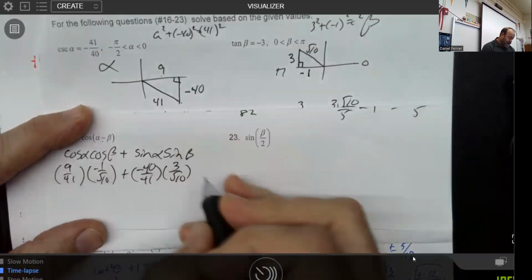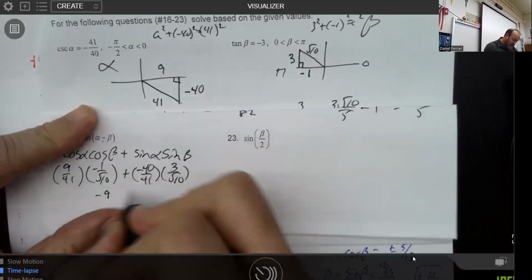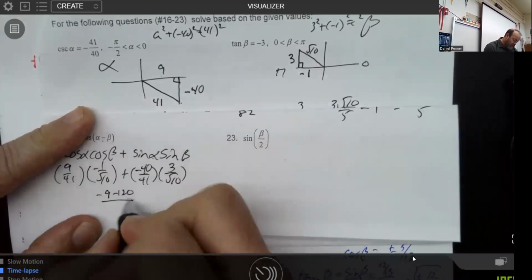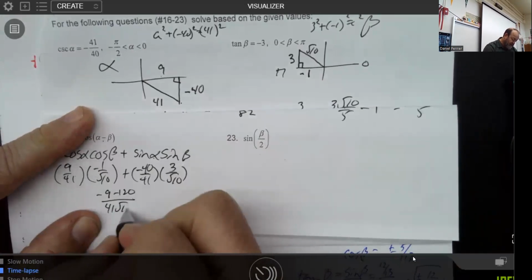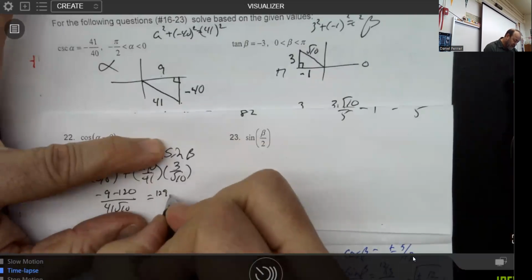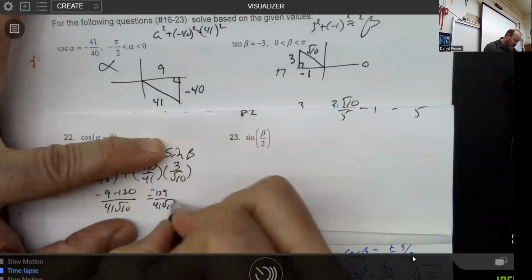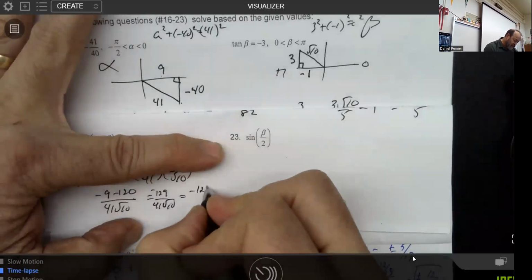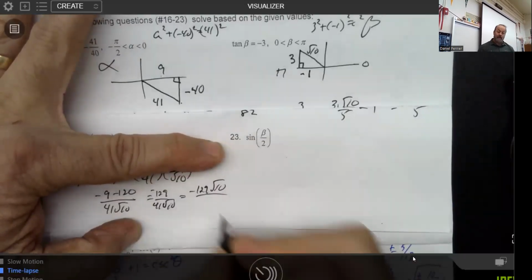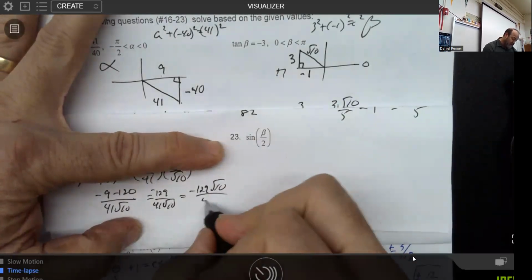So it looks to me like I've got negative 9 minus 120 all over 41 roots of 10. So that looks like negative 129 over 41 roots of 10, which of course we're not supposed to leave the root in the bottom. So we're going to multiply the top by root 10 and the bottom by root 10.